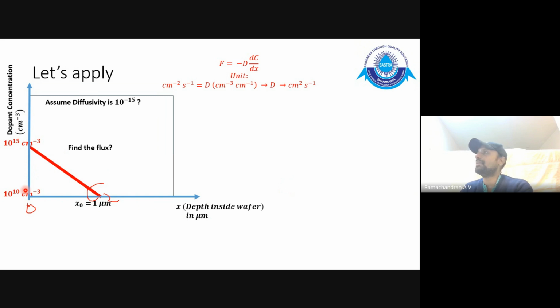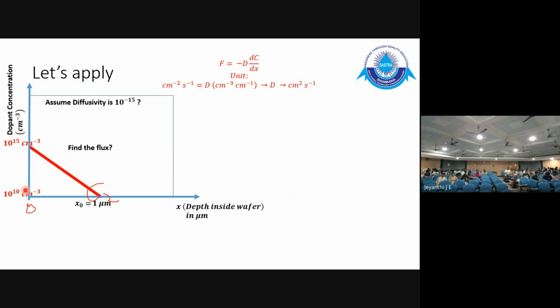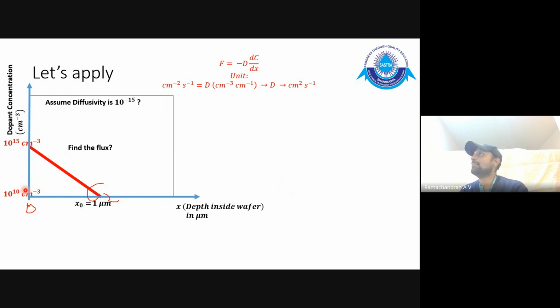So what is 10 power 10 minus 10 power 15? Anyone knows the answer? Don't use the calculator. You can tell just like that.